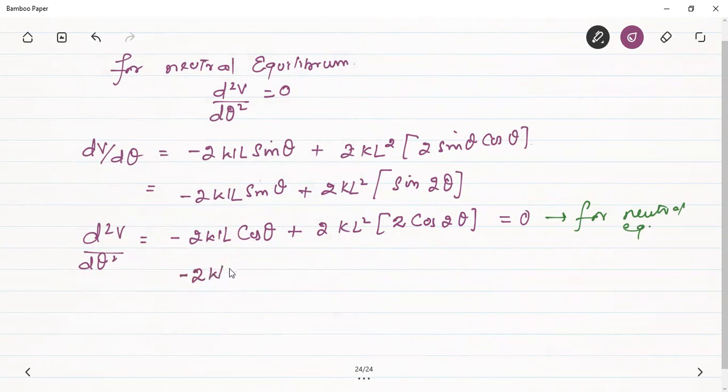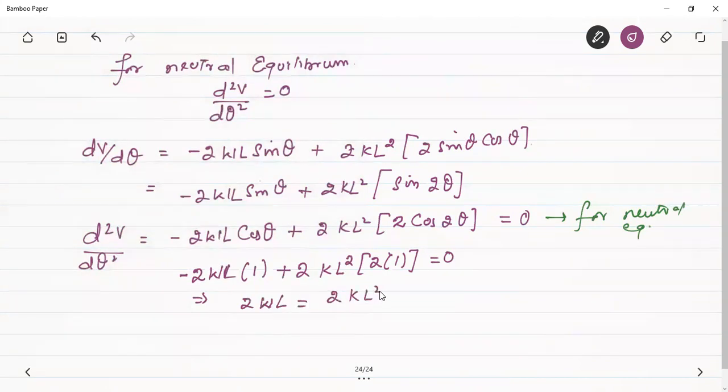Therefore, it will be 2WL cos 0, which will be 1, plus twice KL square times cos 2 theta, that is cos 0 again, equal to 1. So this has to be 0. From here we get that 2WL should be equal to twice KL square multiplied by 2, that will be equal to 4KL square. So from here we will get the value of W to be equal to 2KL.